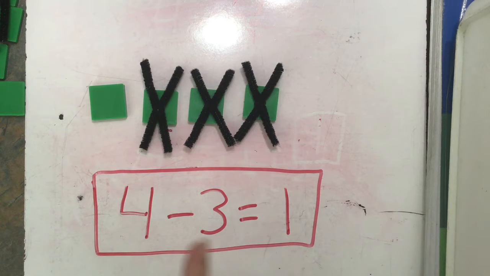Math sentences are made up of numbers. They wanted you to write a subtraction sentence using numbers based on this picture. So we started off with 4, we took away 3, and what we were left with is 1. So this is how we're going to type it in there.